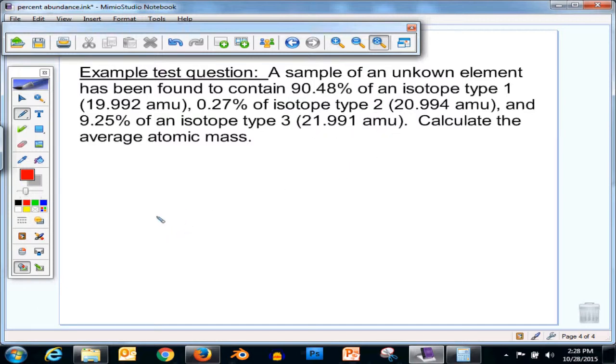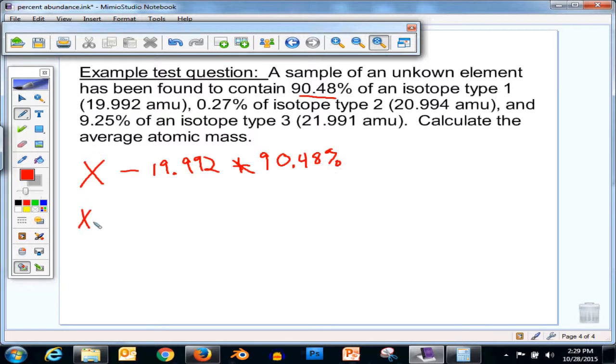First thing is, I don't know what the symbol is, so I'm just going to use the symbol X. Okay? And what's the first mass? 19.992. And I'm actually going to go ahead and write the percentage here. Be careful, it's not that one, it's this one. Don't mix up your percentages, okay? 90.48%.